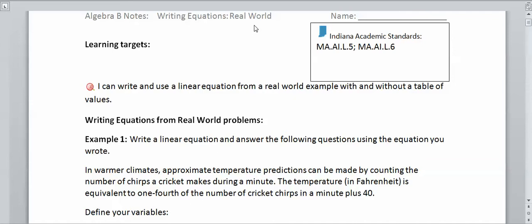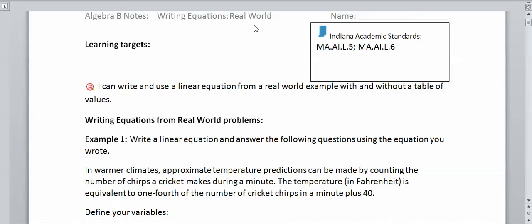Alright, so earlier this week we've been learning how to write equations, but it hasn't really been anything other than looking at a graph and saying I can write an equation from this, or given two points I can write an equation, or given some information I can write an equation.